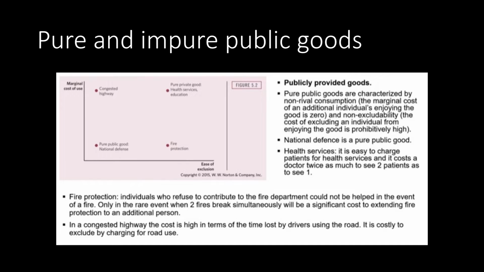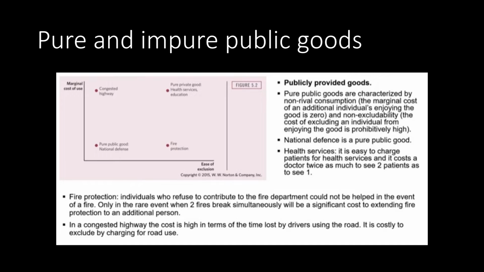We have national defense, which, as you can see here, is a pure public good. Its marginal cost of use is low and its ease of exclusion is low. Like the ease of excluding someone is really low.